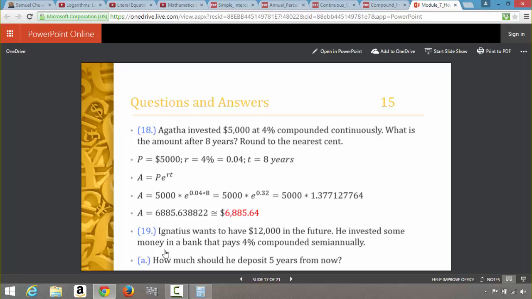Question 18. Agatha invested $5,000 at 4% compounded continuously. What is the amount after 8 years? So we use the continuous compound interest formula, and we got this.